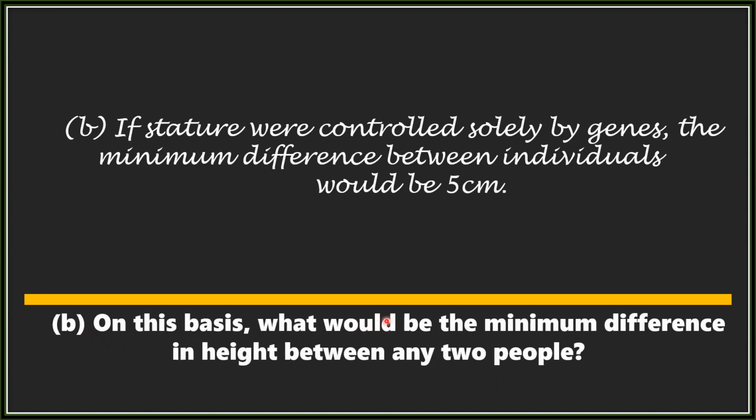On this basis, what would be the minimum difference in height between any two people? If stature were controlled solely by genes, the minimal difference between individuals would be 5 centimeters.